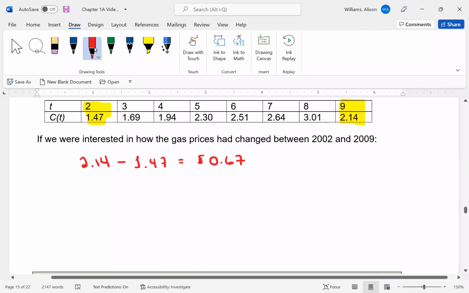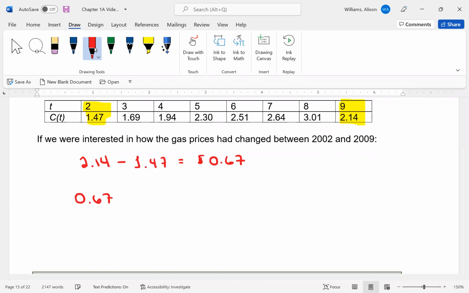Now, what would be interesting is to see how much it grew each year on average. So if I took the 67 cents and divided it by the 7 years, that would give me 0.096, which means we'd be thinking of it as rising, let's round it to maybe 10 cents.